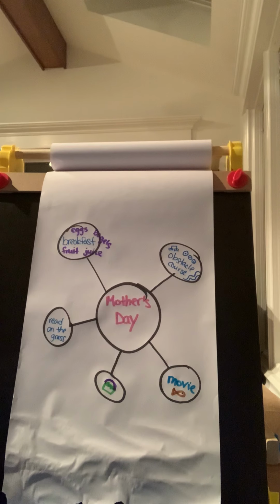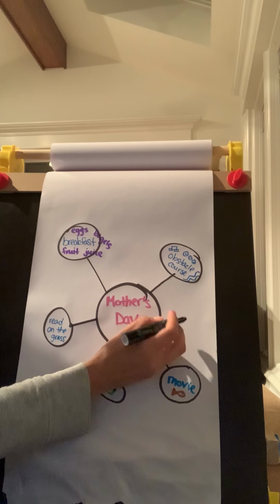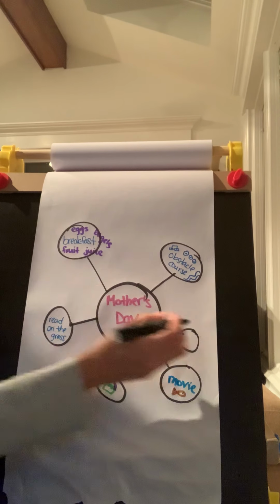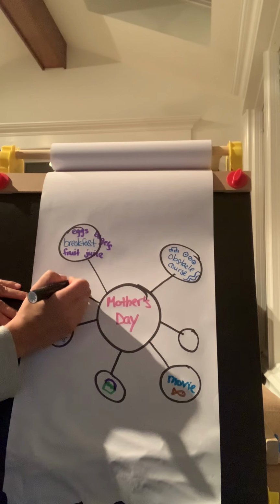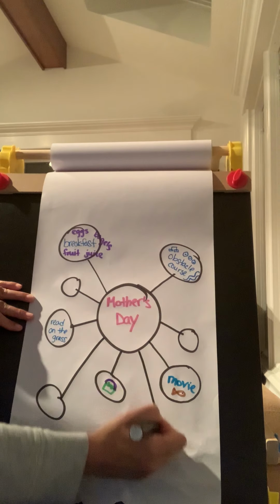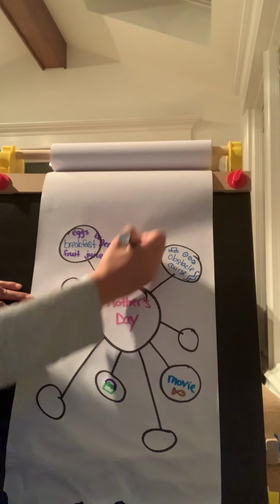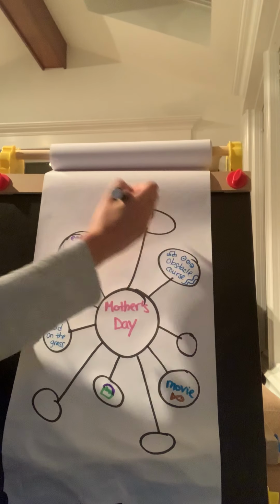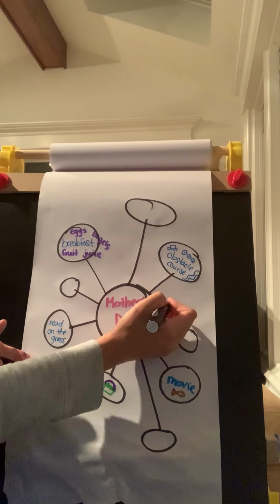And let's say that, what if I had more? If I had more, I would just keep adding. So, if I had more things that I wanted to add, I would just keep adding. And you basically can create a really cool web of ideas, okay?